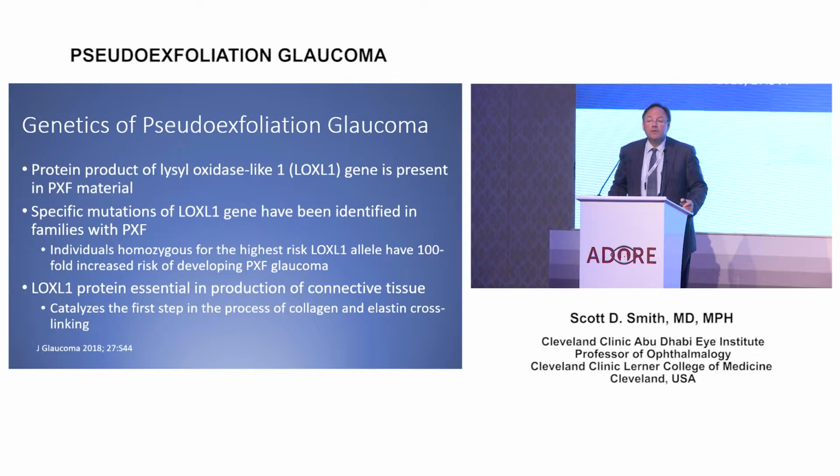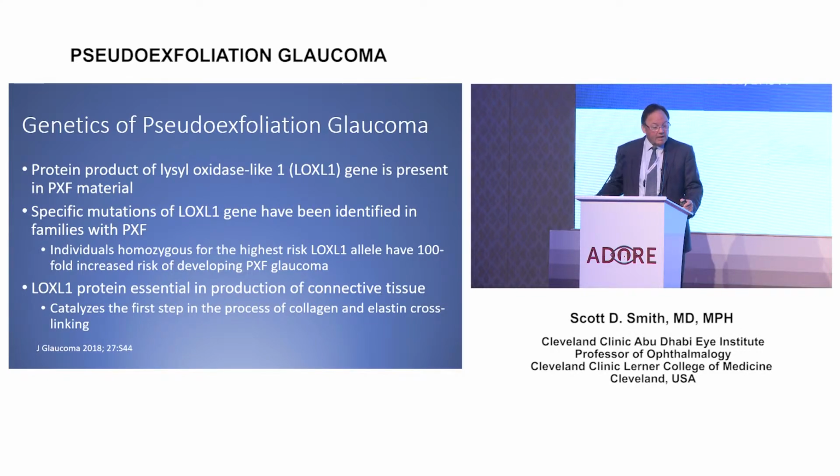A great deal has been learned over the last decade or so relating to the etiology of this disease as the genetics have started to become understood. A specific mutation, or a group of mutations of the lysyl oxidase-like 1 protein has been associated with this disease, and the protein product of that gene is present in pseudoexfoliation material.